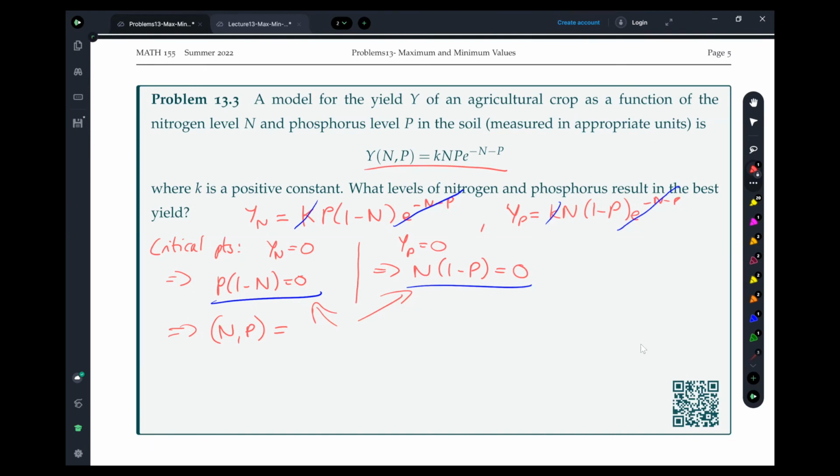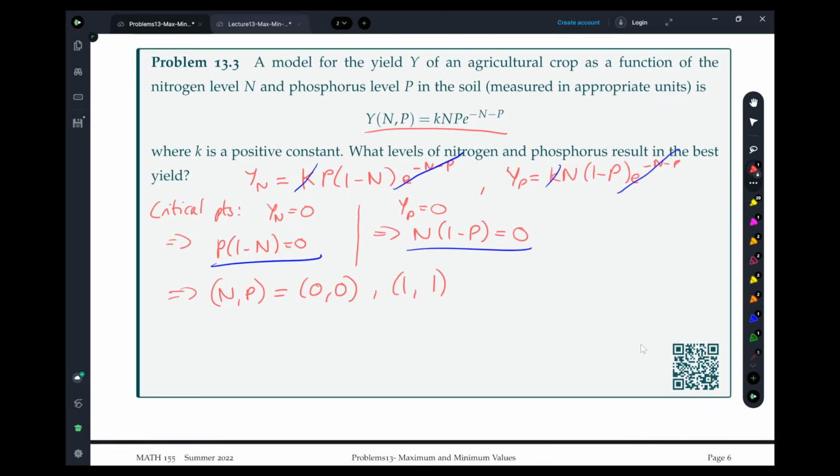No, this is fine. I thought I'd written something down wrong there. We end up with 0, 0 and 1, 1. Okay, so either n and p must both be equal to 0, or n and p must both be equal to 1.